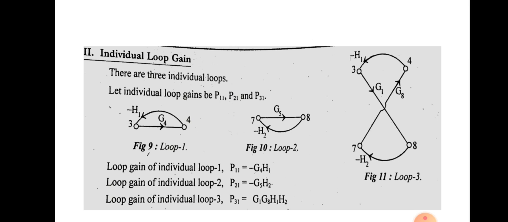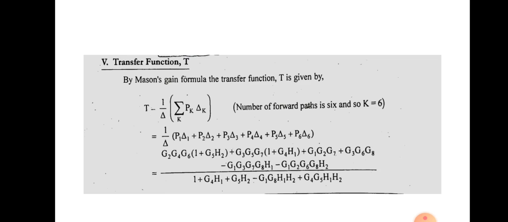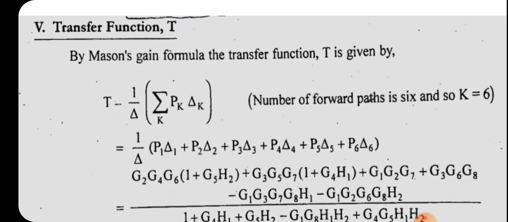First of all, you should remember what Mason's gain formula is. In the previous class, I gave the formula: the overall transfer function T will be equal to 1 by delta into sigma k of Pk delta k, where k is the number of forward paths and Pk is the forward path gain of the kth forward path.